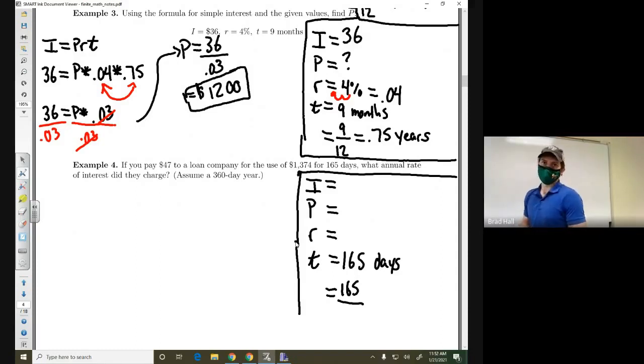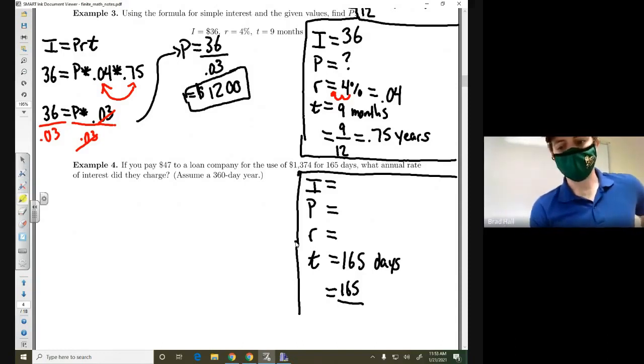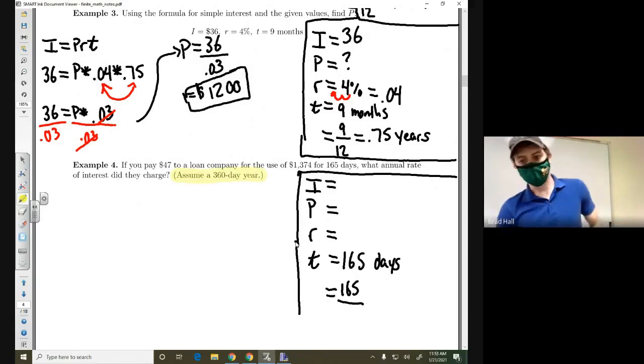However, if you know my math lab, you know it's picky and it does its own thing sometimes. My math lab, for quite a few of these problems, will throw in, assume a 360-day year. Assume that there are 360 days in a year. And you might think, why, my math lab? Why would you do this?